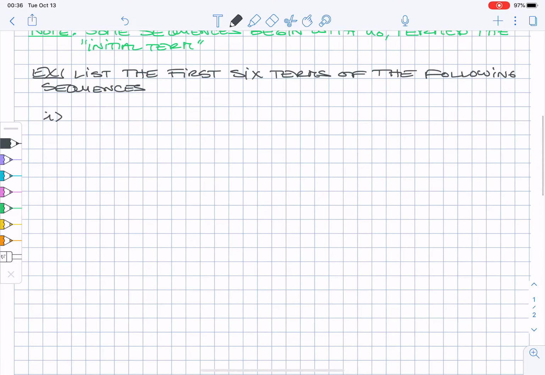Okay, so number 1, let's say we have that a sub n is defined as n cubed.